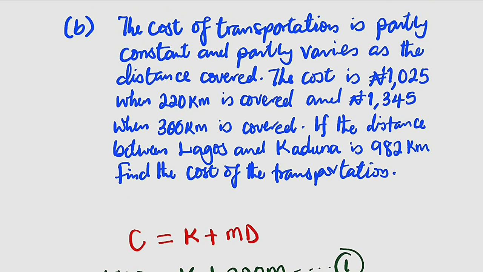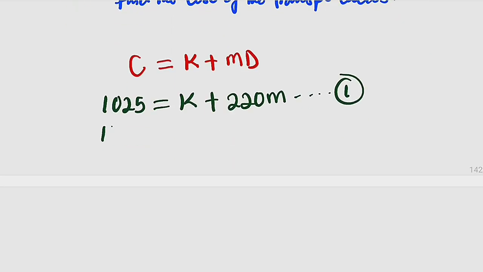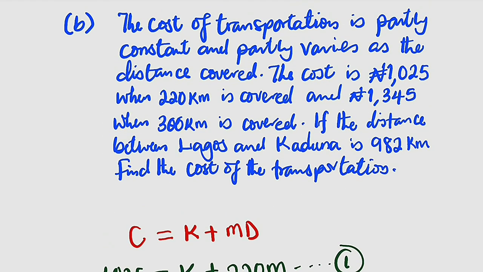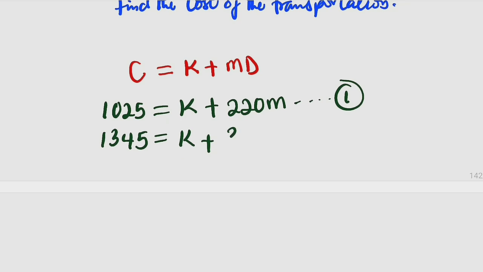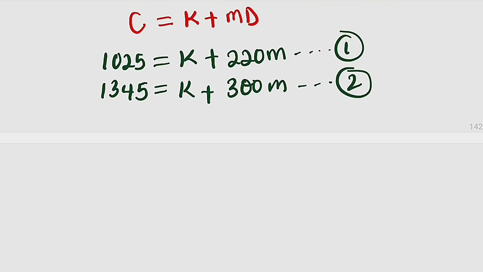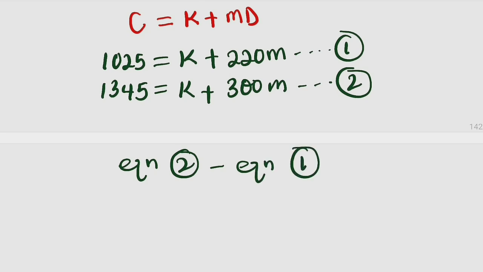The second information here, we have a cost of what? 1,345. This is equal to K plus the distance covered, 300, multiplied by M. So we have 300M, our second equation. So we can simply say equation 2, because it is bigger, minus equation 1.